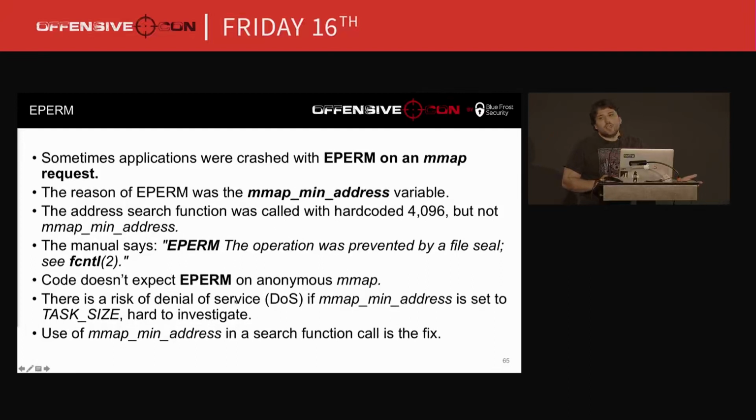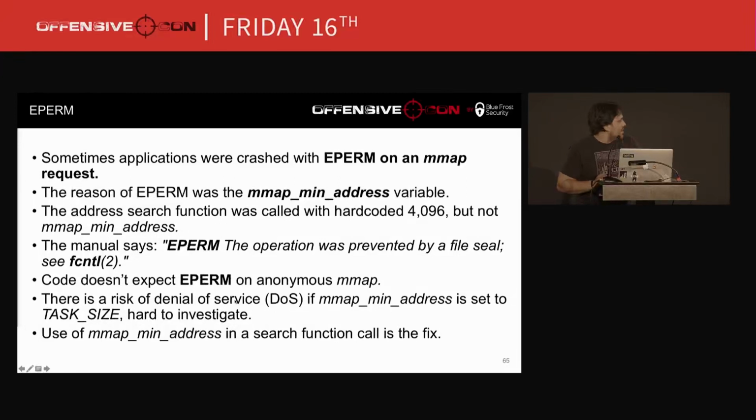So there's another one, a DoS, a denial of service vector. If you, for example, can somehow set this variable to a very big value, any request will fail with EPERM, and nobody will be able to find it easily, because EPERM is only for access control restrictions.